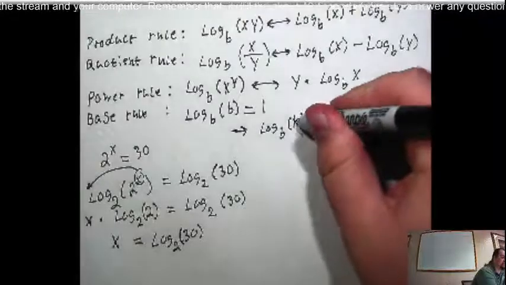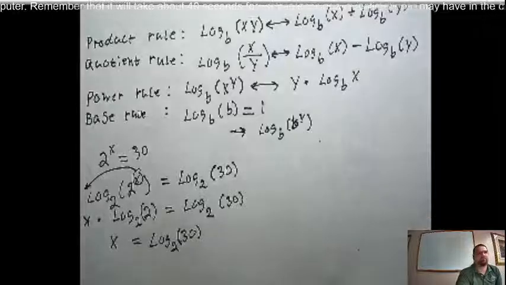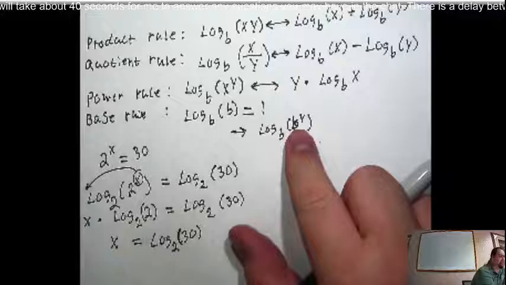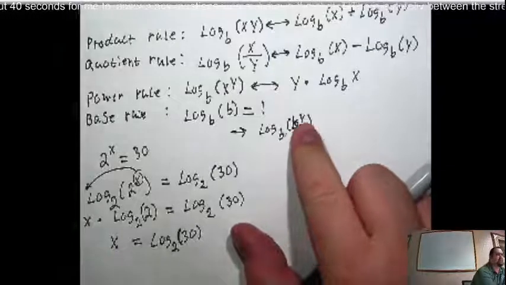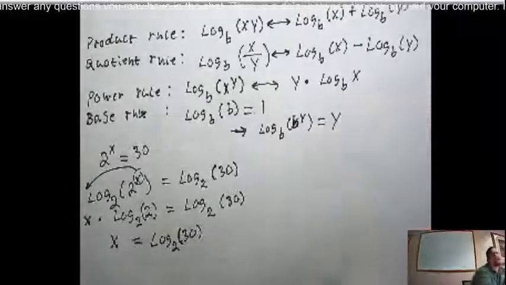If this x is really matching b, then we know that these two will cancel, leaving us with this, which should be out here. Well, if we have that, then this just equals y.